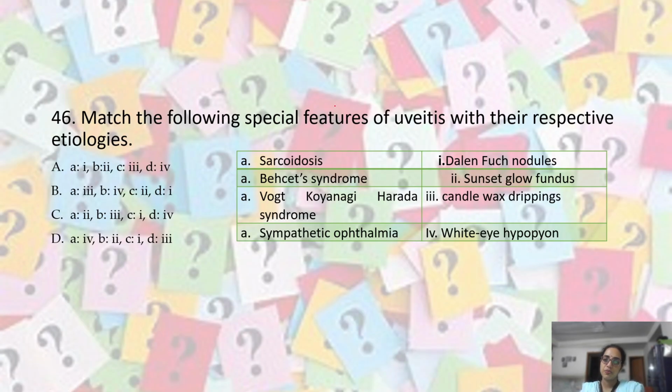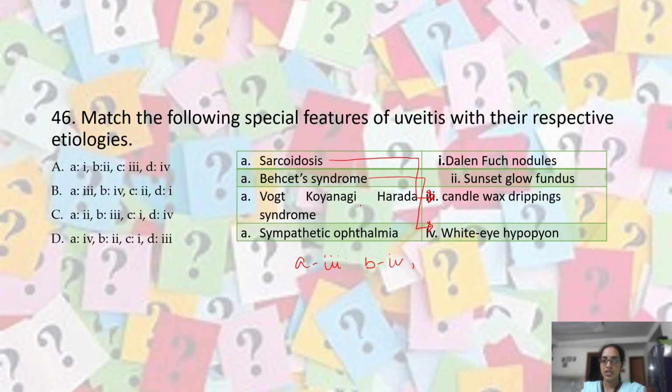Match the following specific features of uveitis with their respective etiologies. So there are certain pathognomonic appearances which help in identifying certain types of uveitis, which I want you to understand and memorize. So sarcoidosis, we always use these words: candle wax drippings. Behcet syndrome, we use the term white eye hypopyon. So we have A is 3 and B is 4.